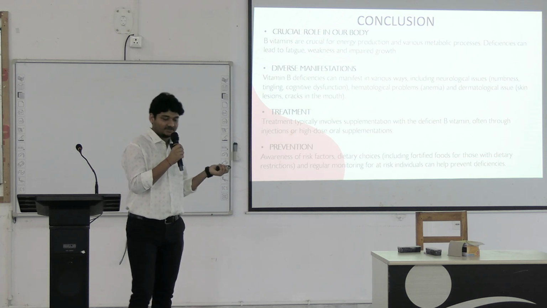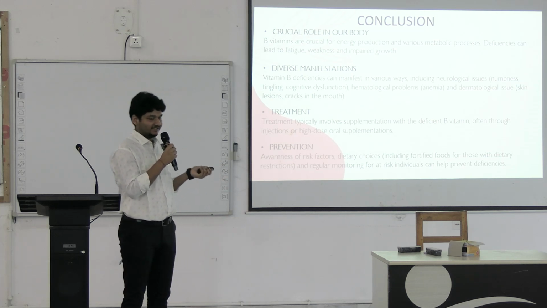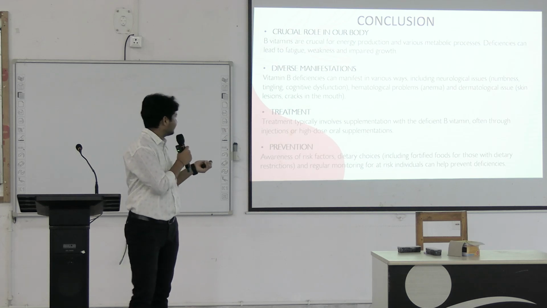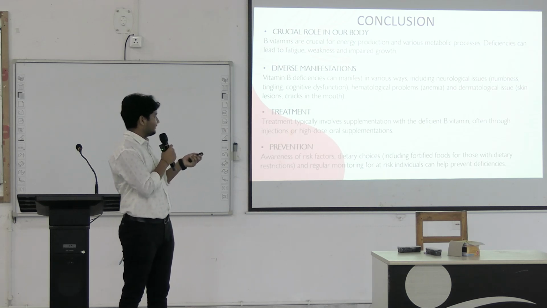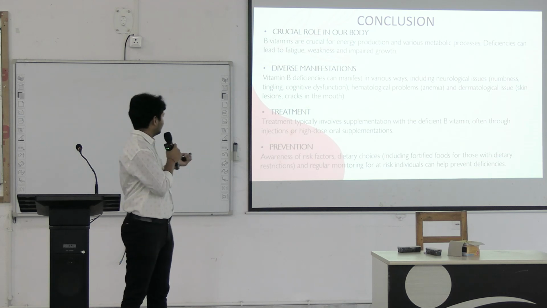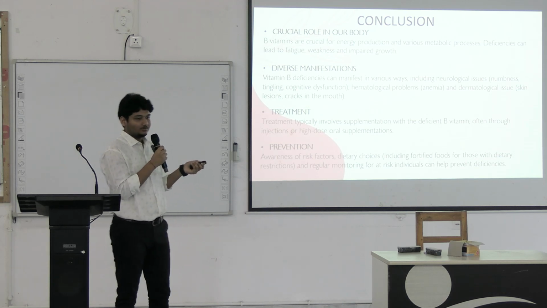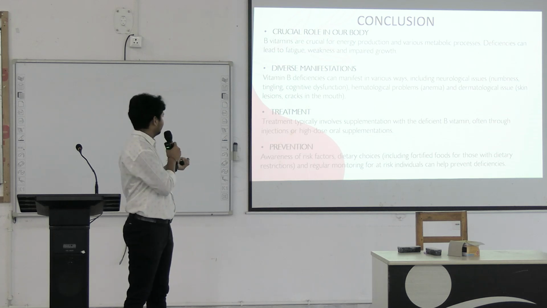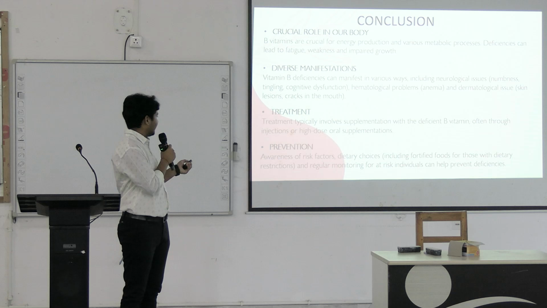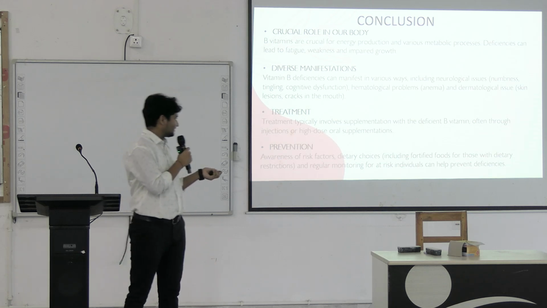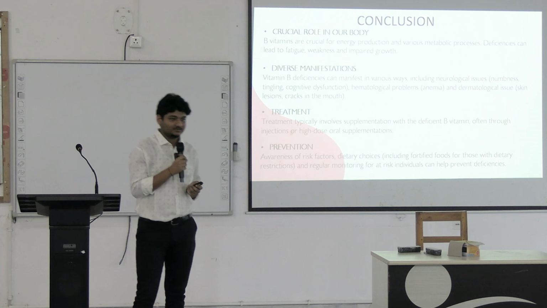So its deficiency manifestations are very varied. Treatment typically involves supplements of the deficient vitamin B, often through injection or high-dose oral supplements. Prevention: awareness of risk factors, dietary choice, and regular monitoring for at-risk individuals can help prevent vitamin B deficiency. Thank you, sir.